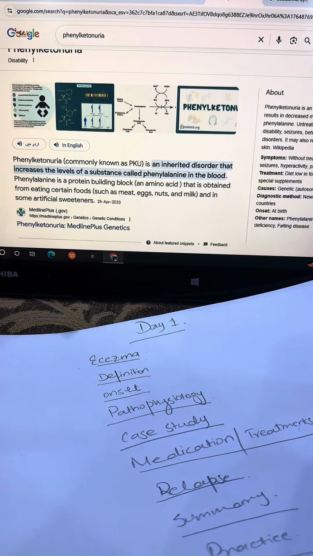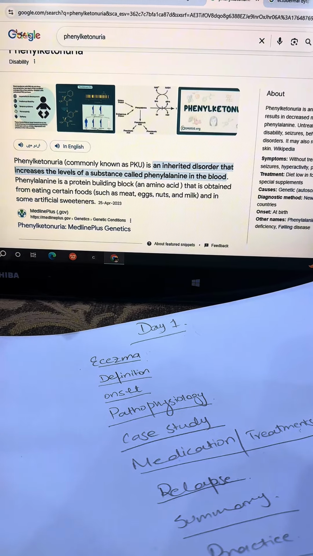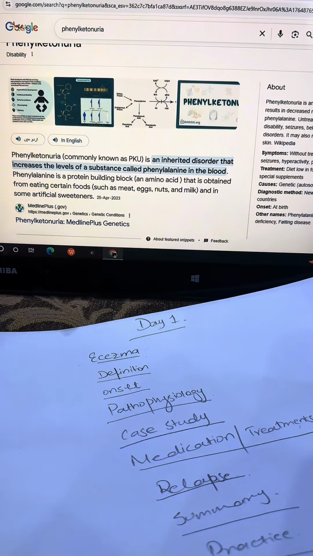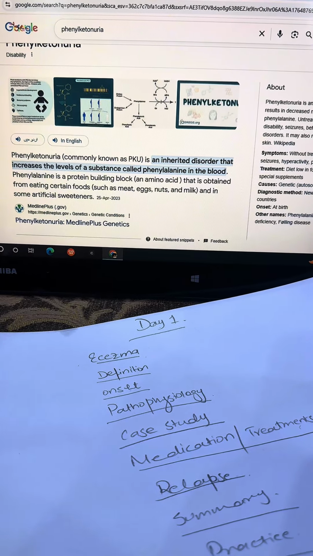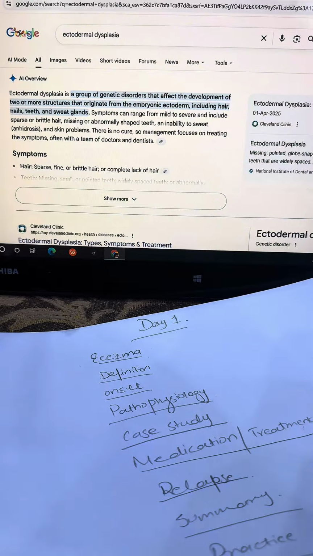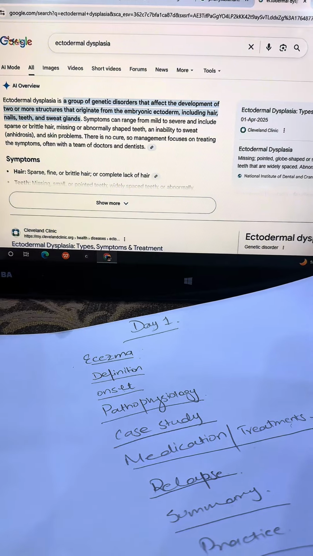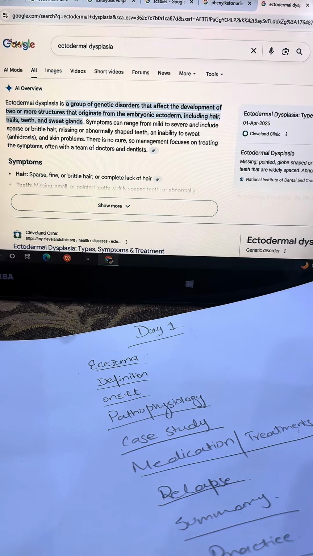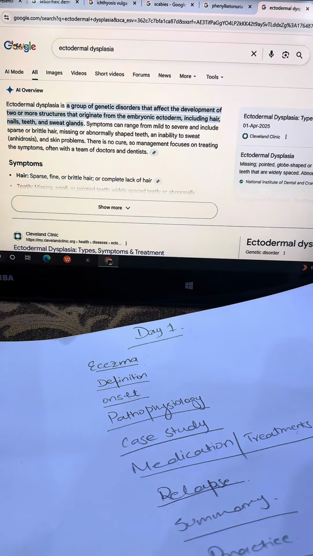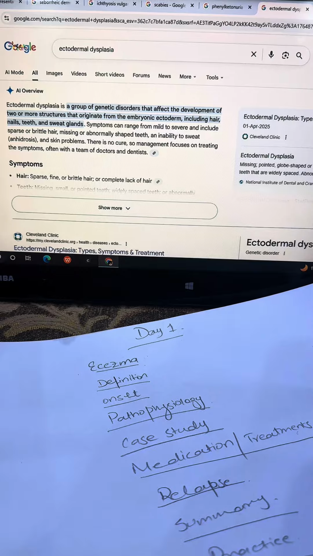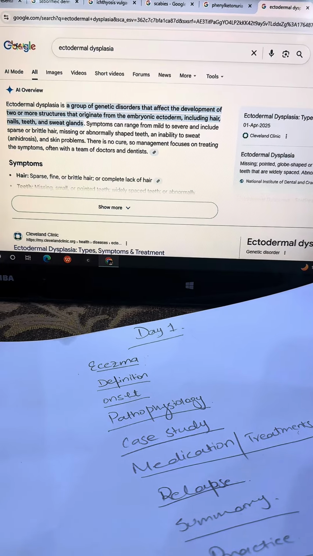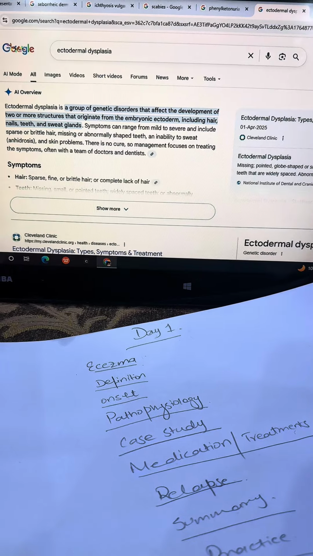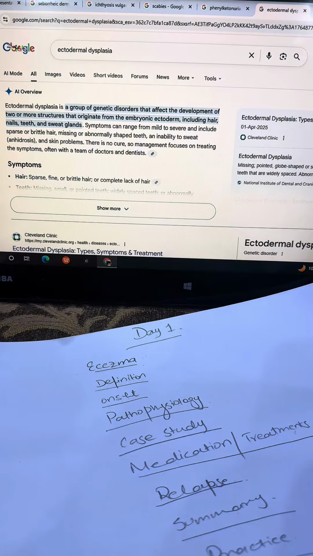PKU is an inherited disorder that increases the level of the substance phenylalanine, which is mainly present in meat, eggs, nuts, and milk. And ectodermal dysplasia is a group of genetic disorders that affect the development of two or more structures that originate from the embryonic ectoderm, including the hair, nails, and sweat glands.